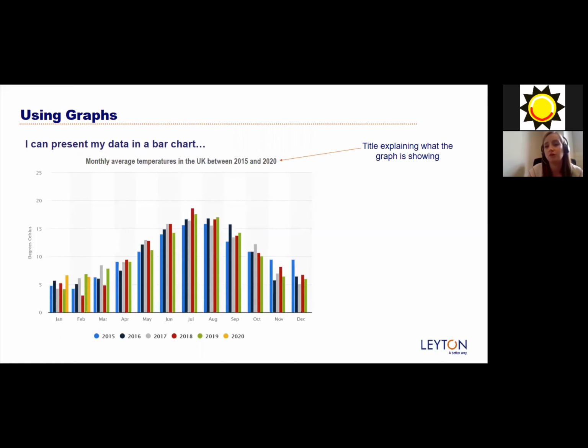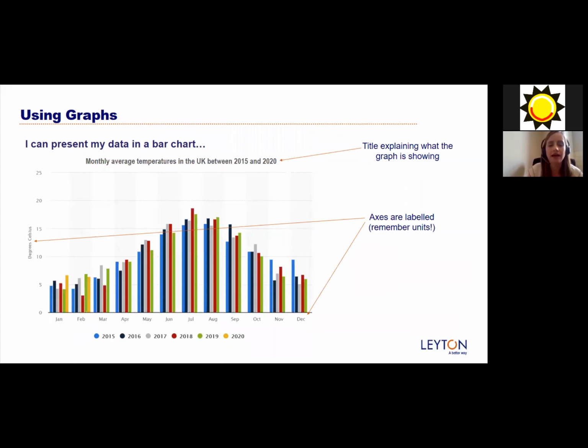Now, in terms of how to really make sure that I've presented this clearly and make the most of my data, it's always important that I label my chart with a title. It's important for the audience to be able to understand, what is this chart or graph actually showing them? Another thing, really important to label your axes so that the user can understand what you're showing.